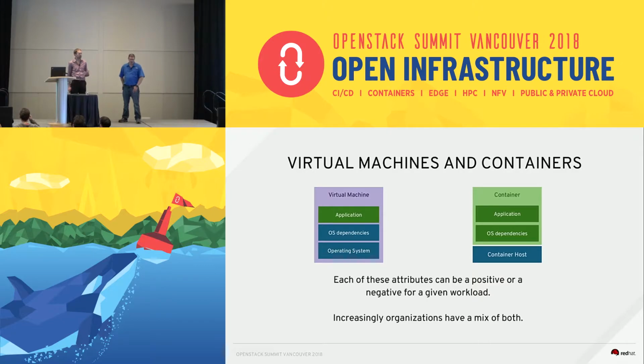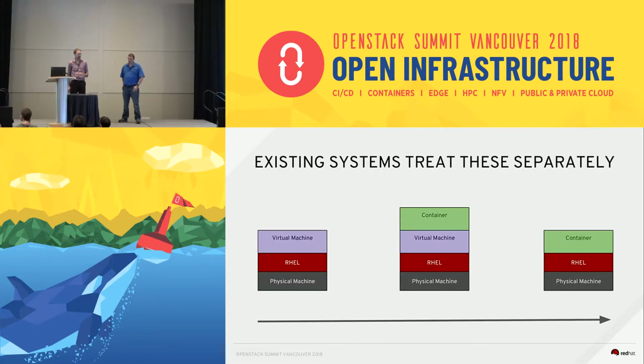But increasingly, most organizations at this point have a mix of both, those existing virtual machine workloads, but also new applications they're writing in containers. So we have these existing systems that treat these separately, and we see a transition going, where we started off with virtual machines running on a physical machine. People started adding containers to those because a virtual machine was effectively the easiest way to get compute resources in their organization.